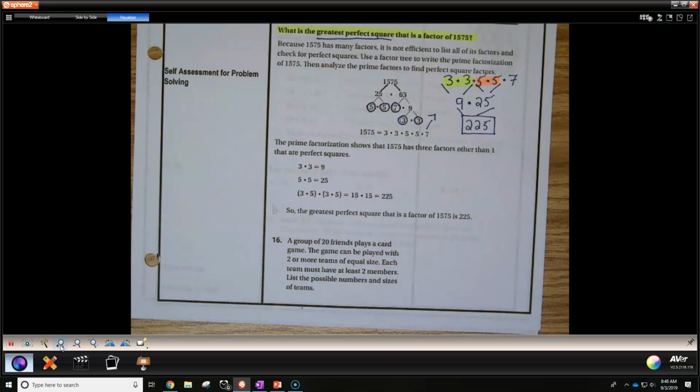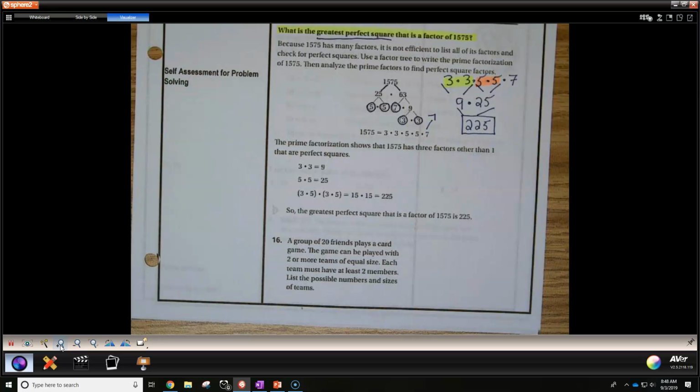You could have easily taken my calculator and just said 3 times 3 times 5 times 5 equals 225.